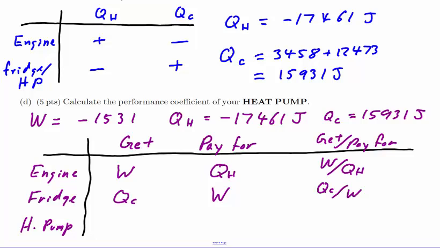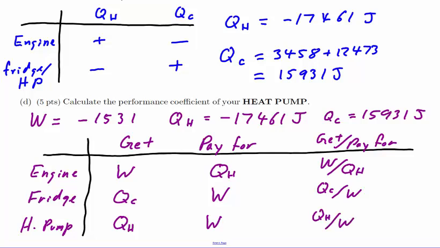Finally, for a heat pump, the reason we built it was in order to warm the living room. So we have achieved Q hot, pulling the heat out of the January air, but we paid for it, just like the refrigerator, by doing work. So the performance coefficient will be Q hot over the work.